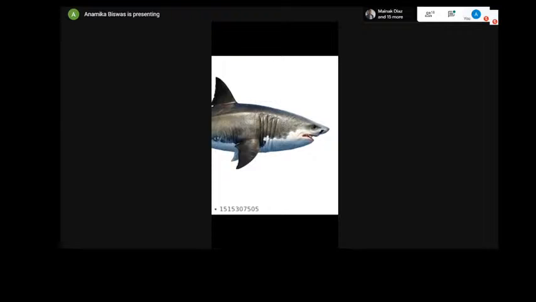Heart is 2-chambered with 1 auricle and 1 ventricle in case of fishes. Paired and unpaired fins are present.